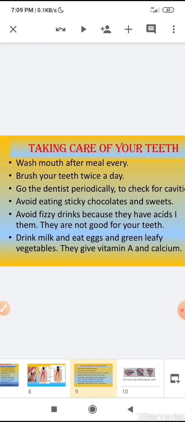Drink milk and eat eggs and green leafy vegetables because they give you vitamin A and calcium. Vitamin A and calcium are very important for your teeth because they make your teeth healthy and strong. In the first chapter you learned that vitamins and minerals are protective foods, so they will protect your teeth from decaying.